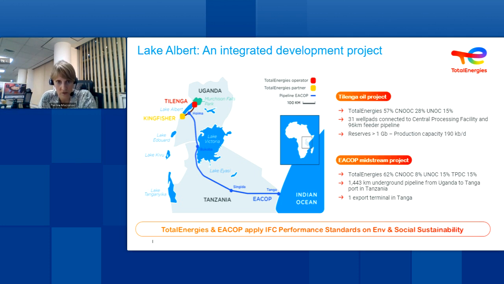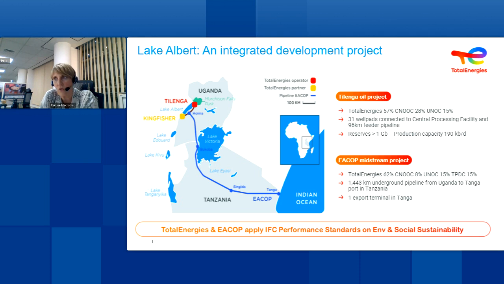This is Total Energies operated, but we have a partnership with Chinese National Oil Company and also the Uganda National Oil Company. So it's a network of well pads connected to a central processing facility, and then we also have a feeder pipeline to take the oil to a refinery located in a city called Hoima.